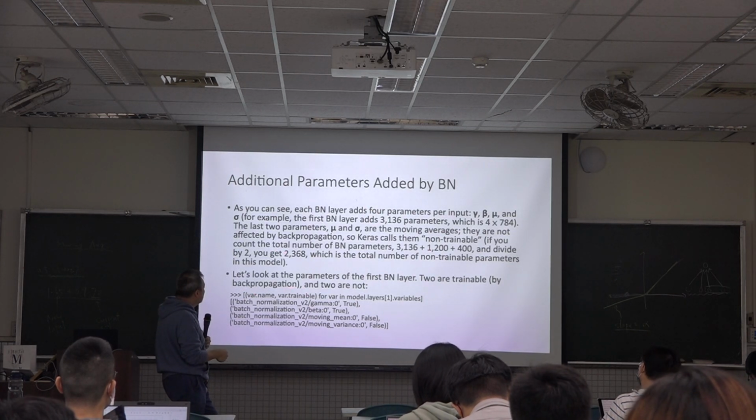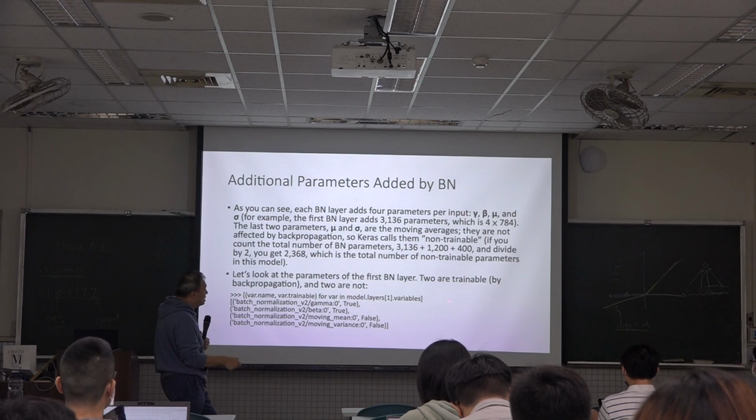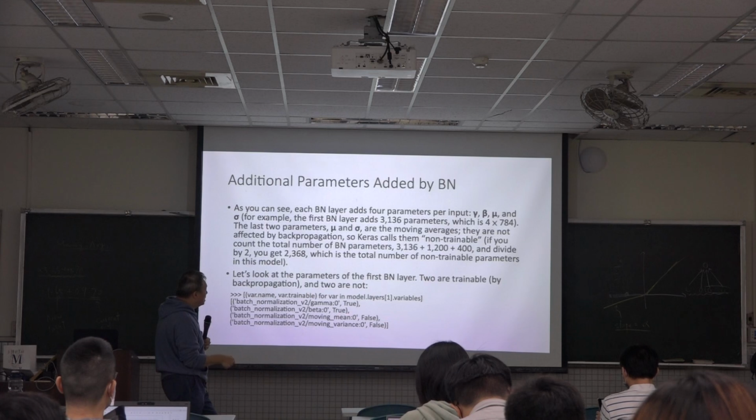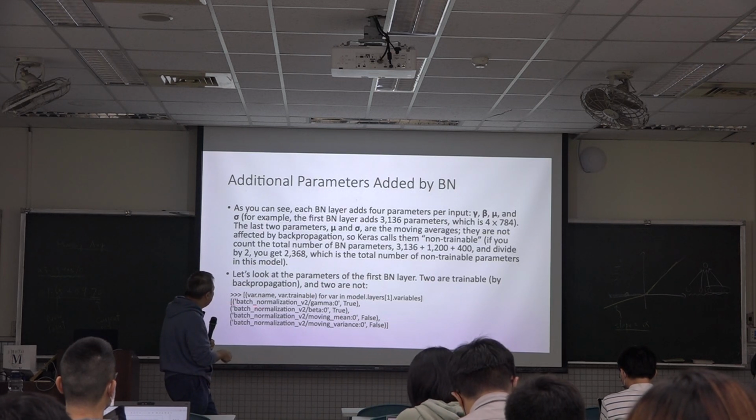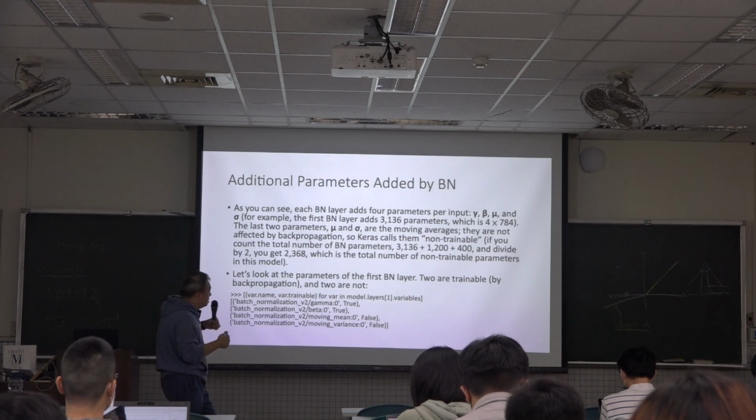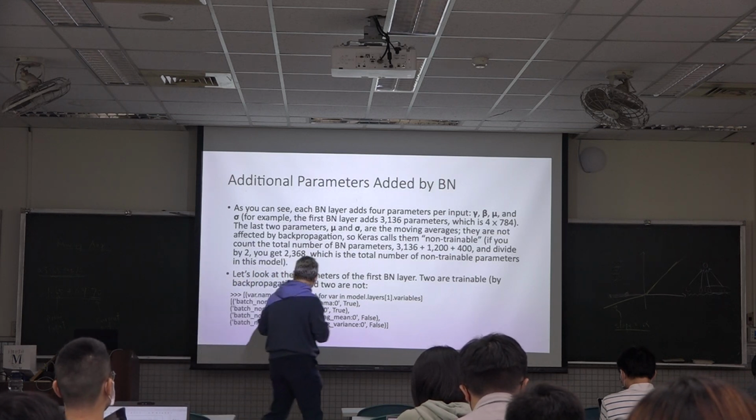So we can look at the parameters of the first BN layer. 2 are trainable, and 2 are not trainable. The trainable ones can be adjusted by backpropagation, and non-trainable ones are not affected by backpropagation.